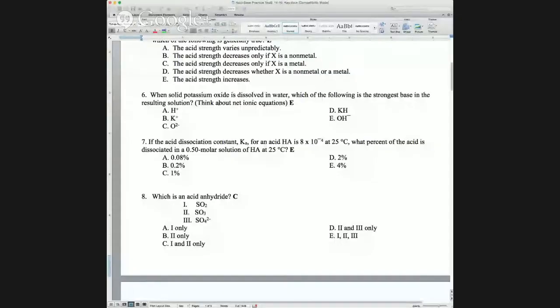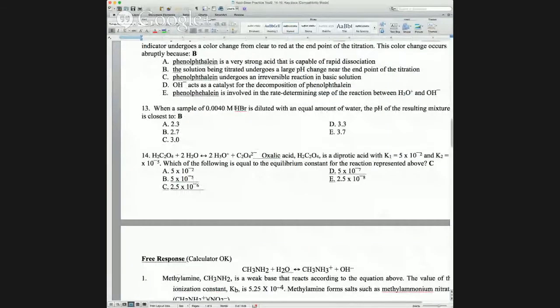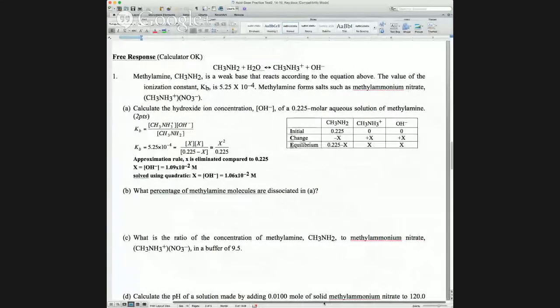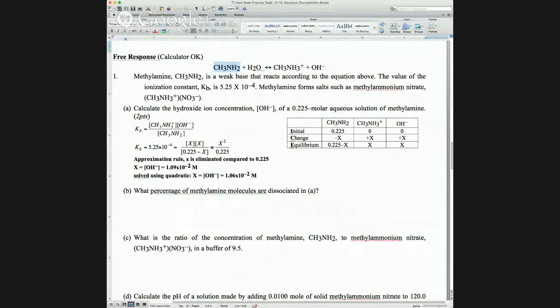All right, so I think this is it. Free response 1C. So we have, in this problem, methylamine, CH3NH2 plus water.